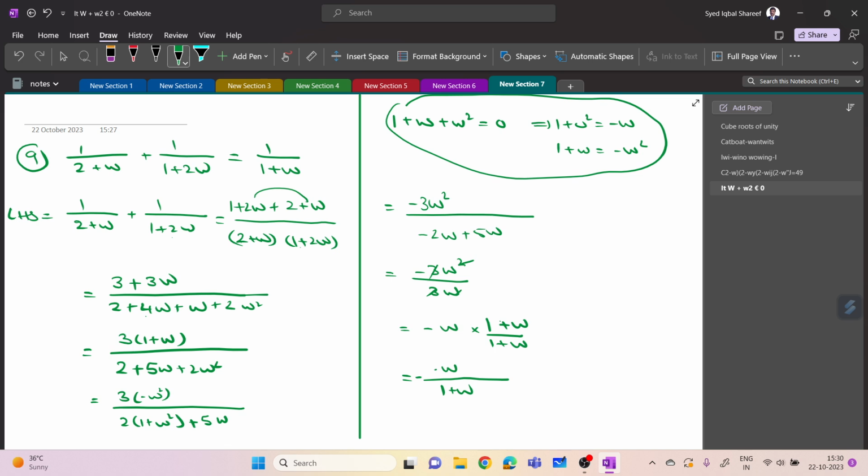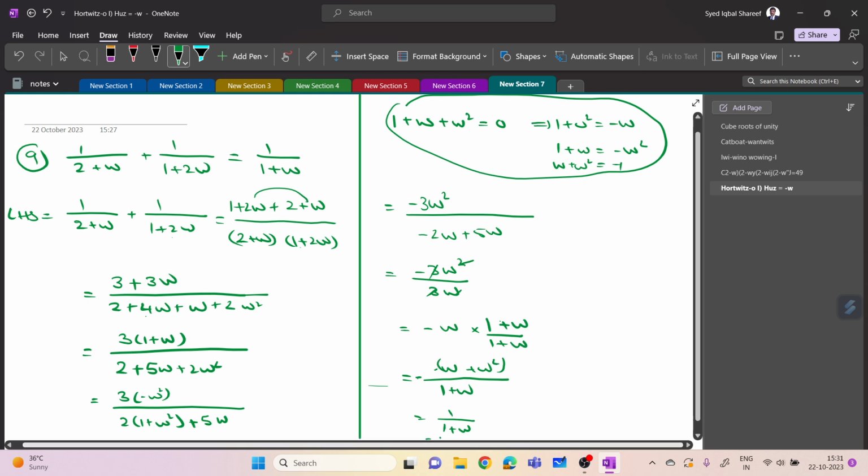Minus omega, omega plus omega square. Omega plus omega square is minus 1. So the minus is already there, plus. So 1 by 1 plus omega, which is our right hand side.